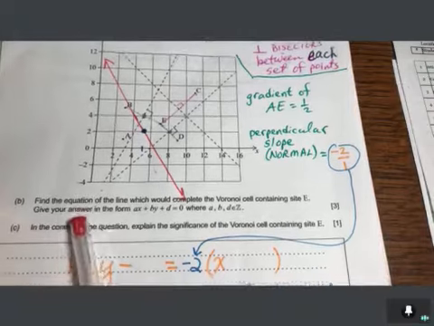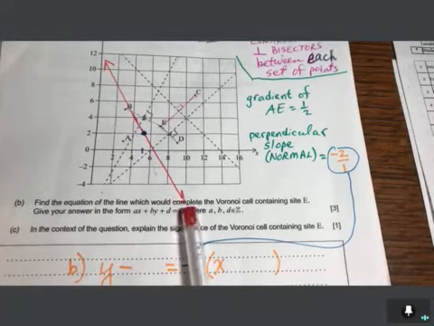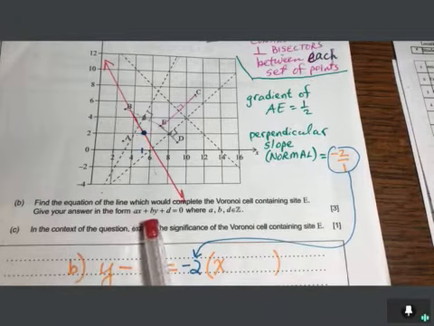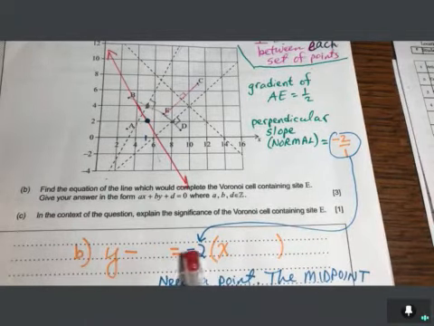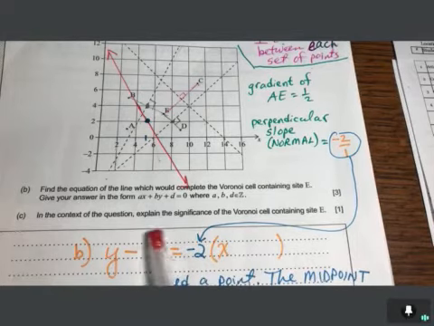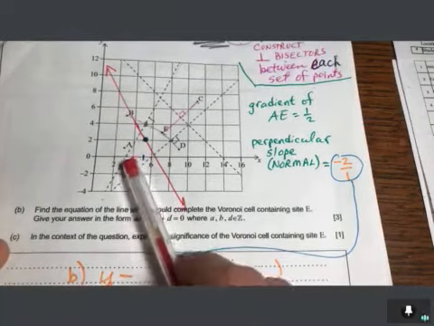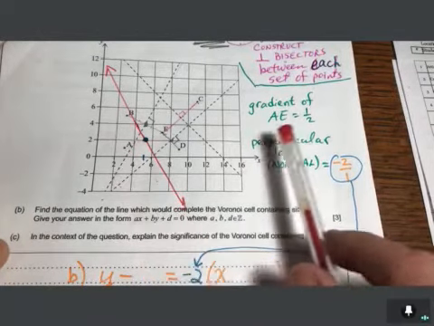Okay, so find the equation of the line which would complete the Voronoi cell containing site E. So we have to give our answer. We're used to writing it in slope-intercept form, but I'm going to go ahead and do this because I'm used to this, and then we will rearrange the pieces to make it look like this. So we have the slope of AE, which is 1/2.